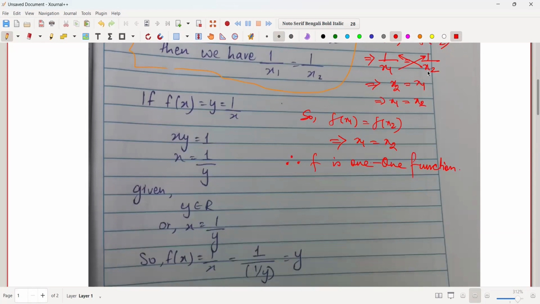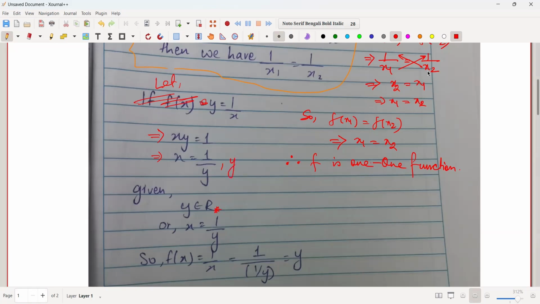Now if f(x) equal to, let y equal to 1 by x, then x equal to 1 by y. Again, this is R star.